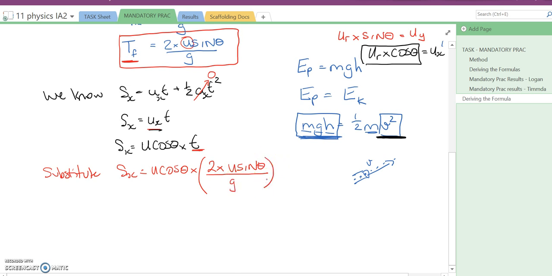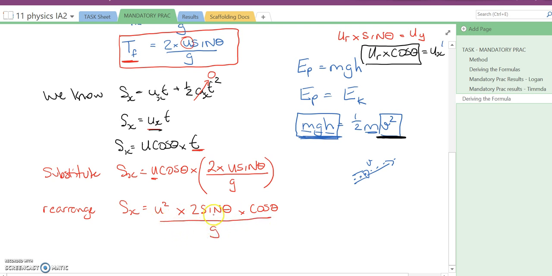And if we have a look here, we've got a u and a u, so we can rearrange this formula so that Sx is equal to u squared multiplied by 2 sine theta times cos theta all over g.